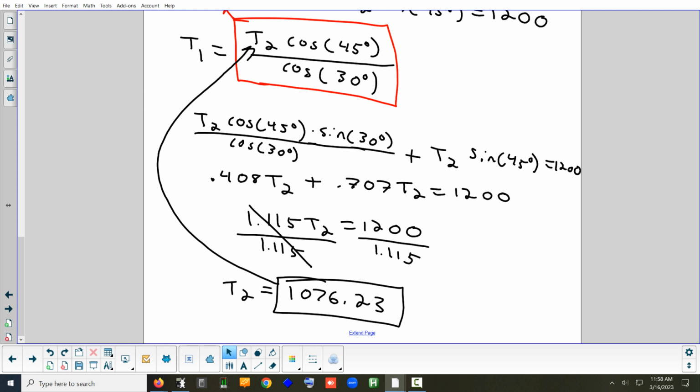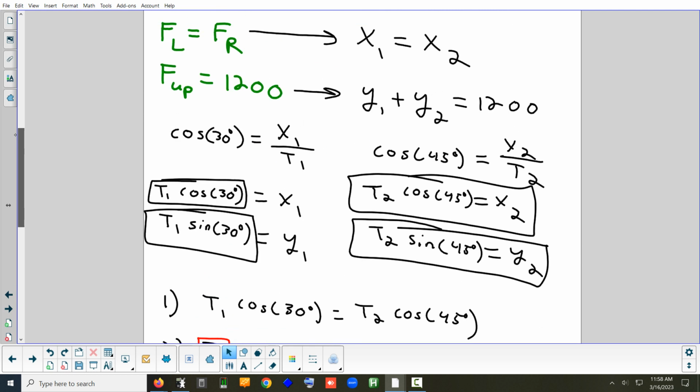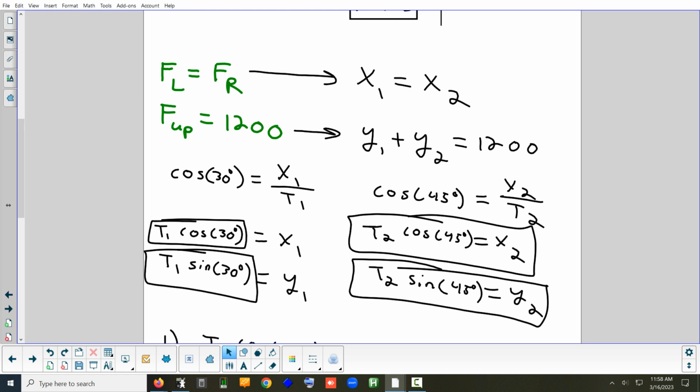So that's generally how a static equilibrium problem goes every time. There's never anything different than what we just did. Okay, but it all starts out with this concept of force left equals force right, and force up equals force down. And then we built our formulas from there. And if you start to get a little bit better at it, you can really jump right to these final 4 equations, as long as you know the angles you're working with.